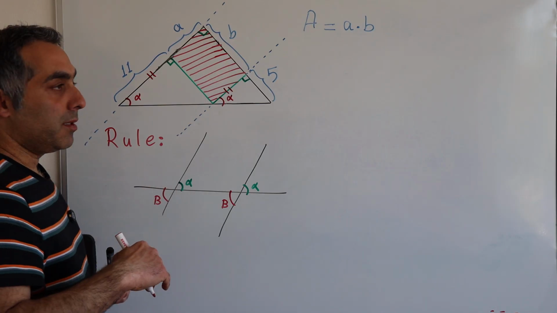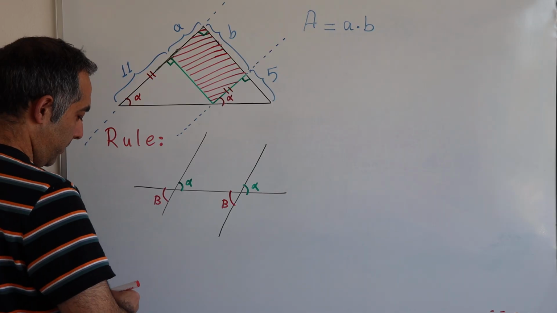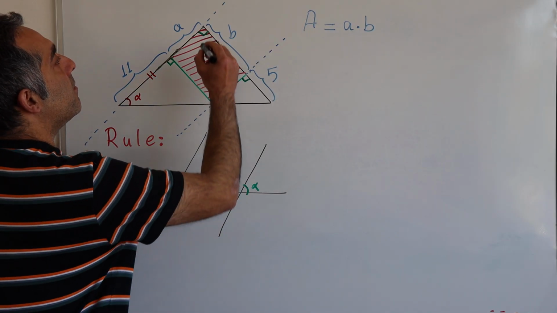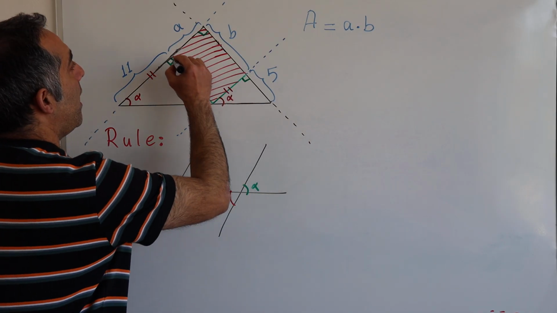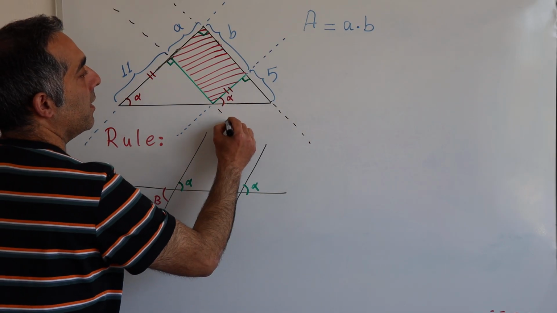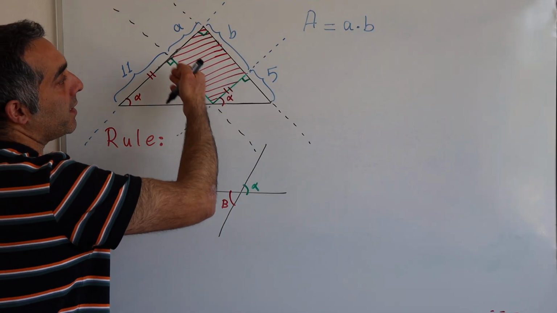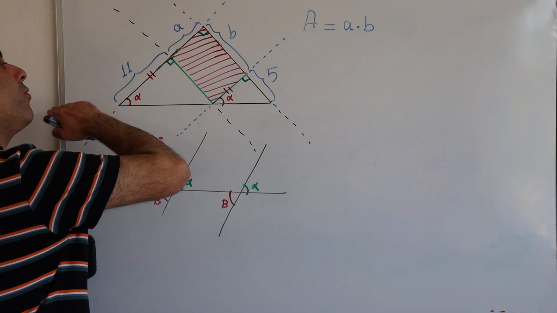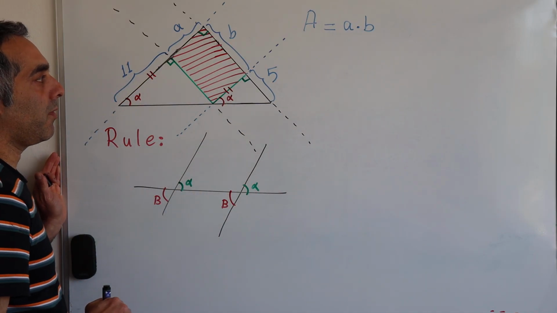And on the other side, you have another line here. I can continue these lines here and these lines here. Two lines are parallel due to the rectangle, and one same line crosses them.